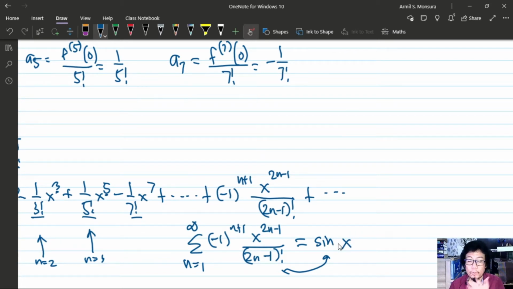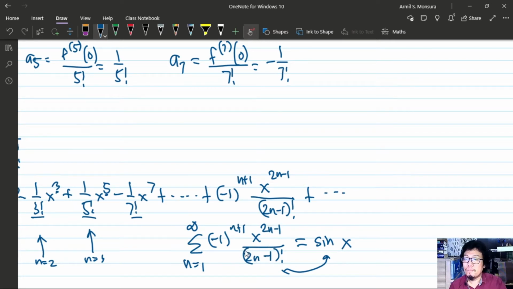Now, there may be a different interpretation for this one, most especially if you start your series at n equals 0. When you start at n equals 0, your signs here will actually be different.